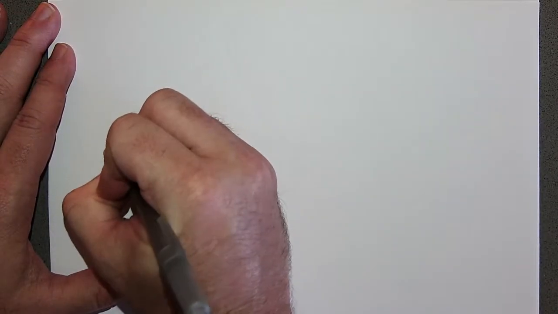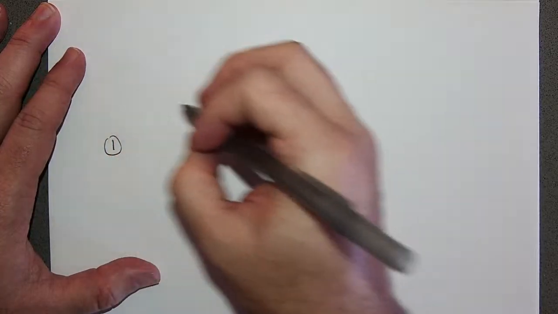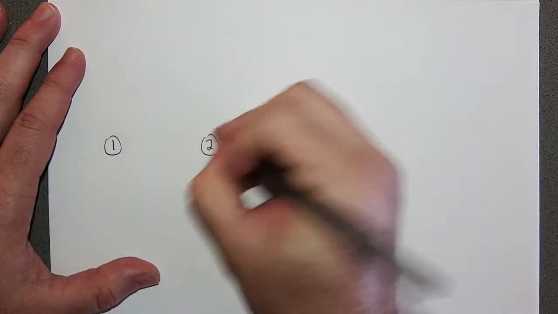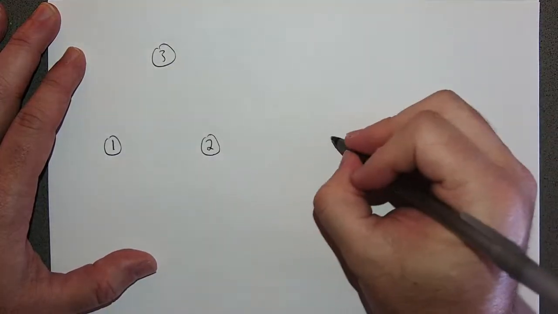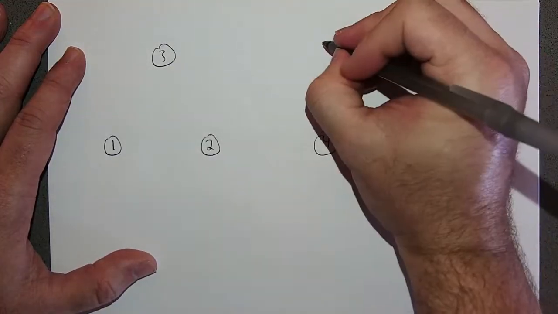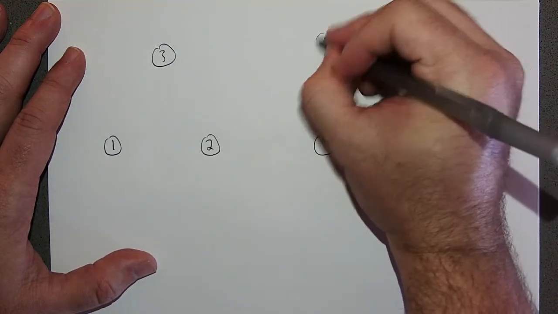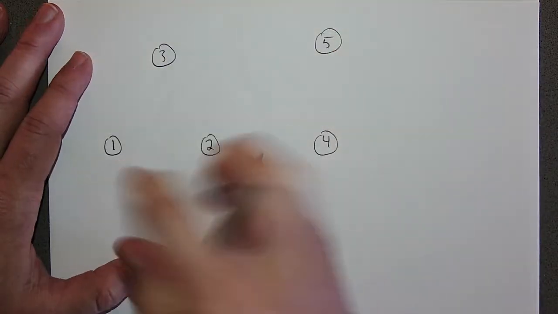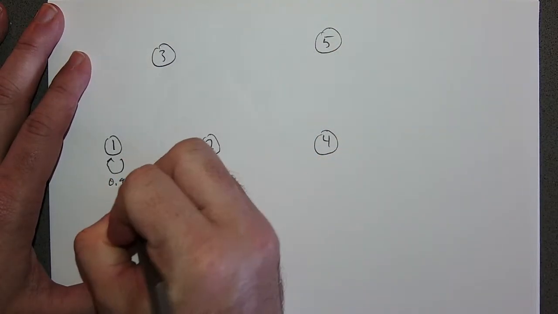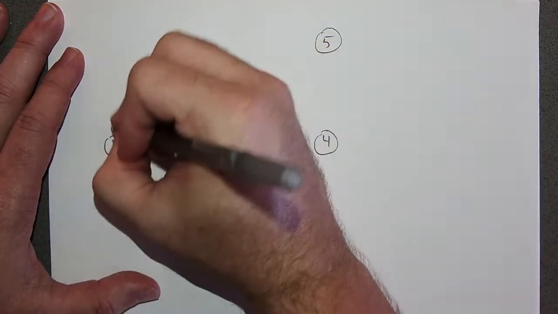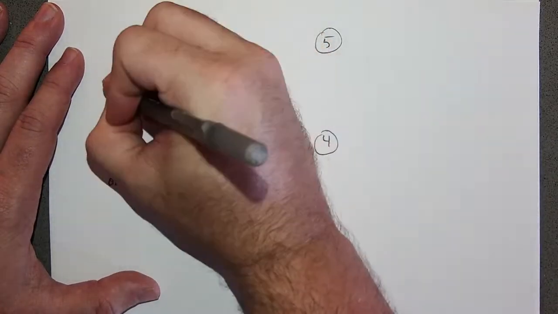So here's 1, 2, 3, 4, 5. For 1, 90% stay, 10% move to 3.